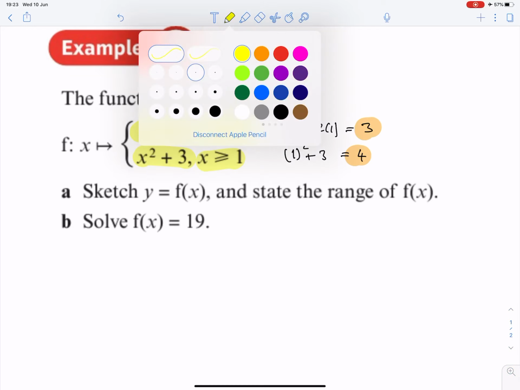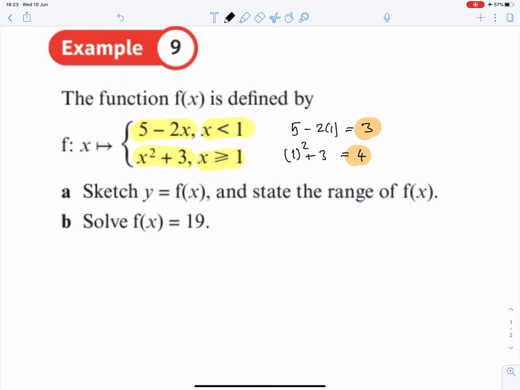So that suggests the graph instantaneously jumps from 3 to 4, and therefore we've got what's called a discontinuity at x equals 1, as the values are different.